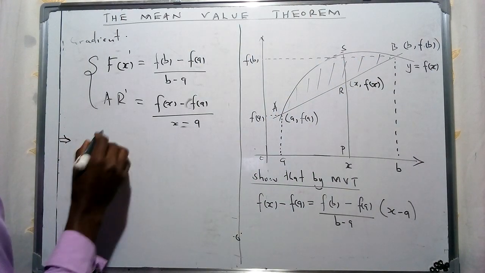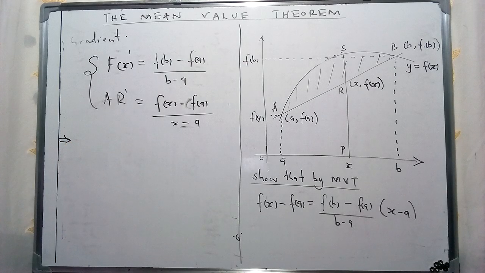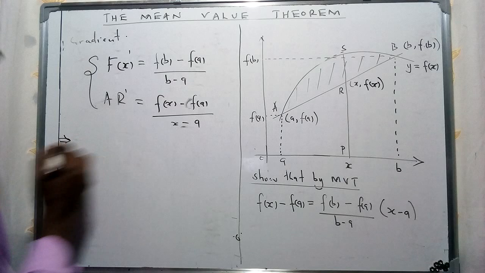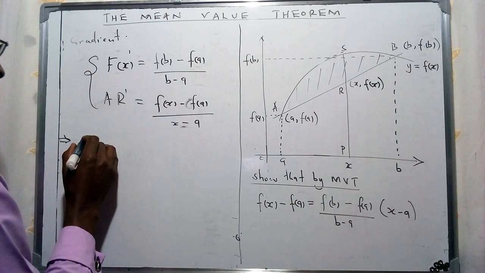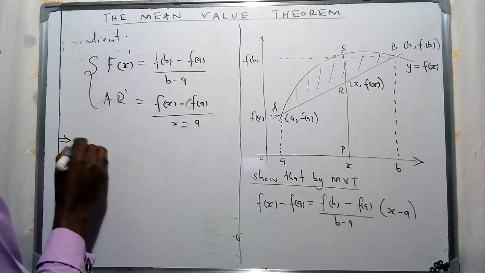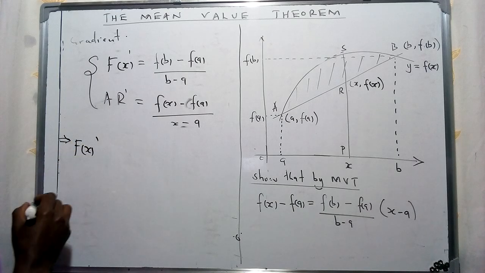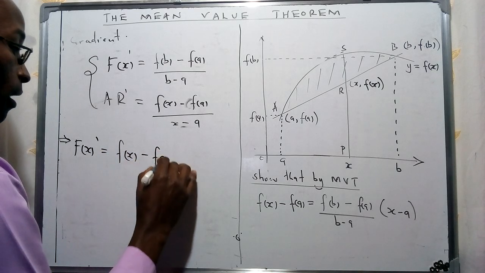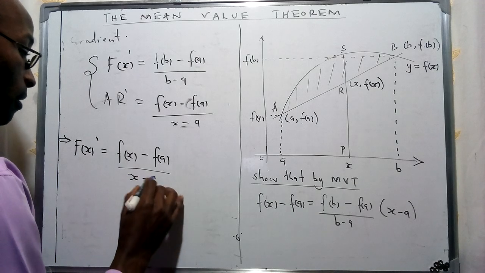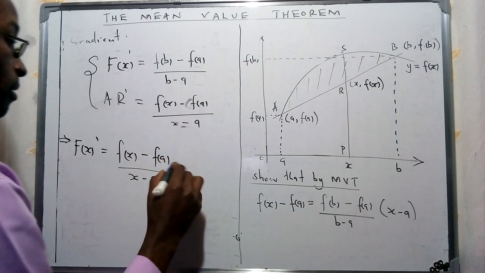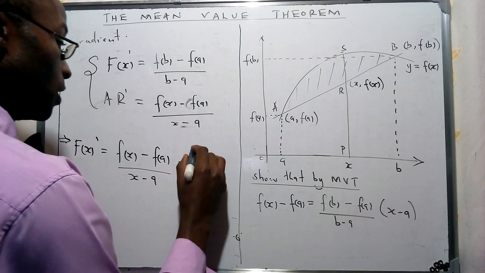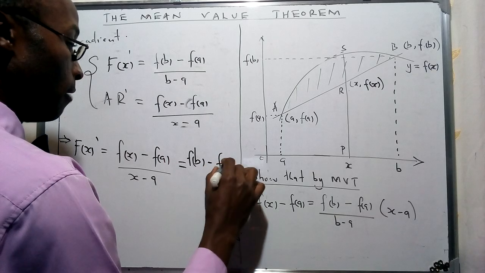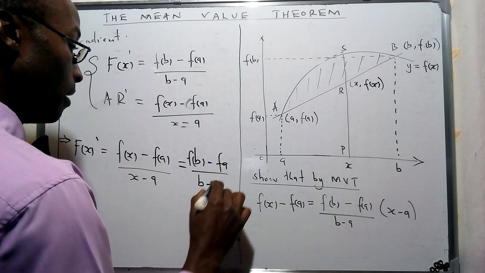Therefore, we equate the gradients, and we have the gradient defined in terms of the function: f(x) minus f(a) all over x minus a is equivalent to f(b) minus f(a) all over b minus a.